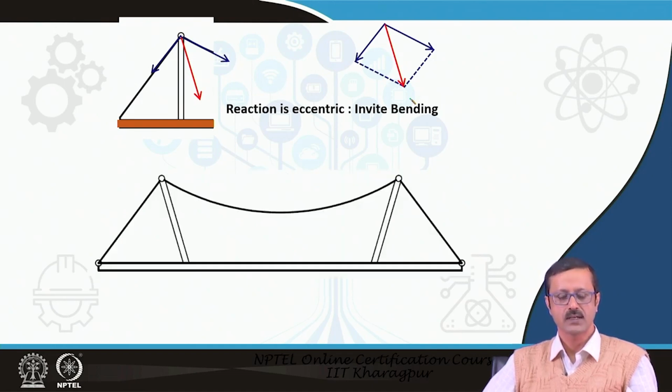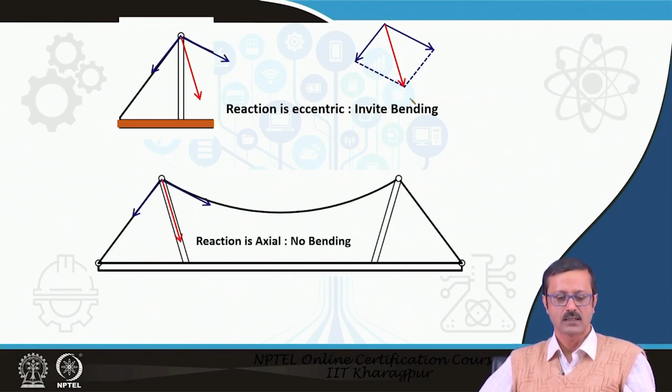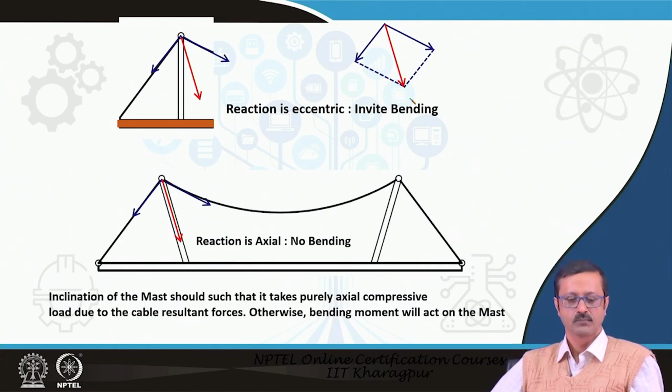But if I go with an inclined mast, such that because of the tension in the cables, that is the suspension cable and the guy cable, the reaction passes through the axis of the mast, then this reaction is axial and no bending occurs. You can have a very economical or slender design for the mast.